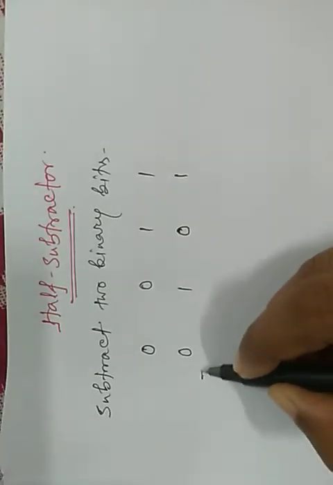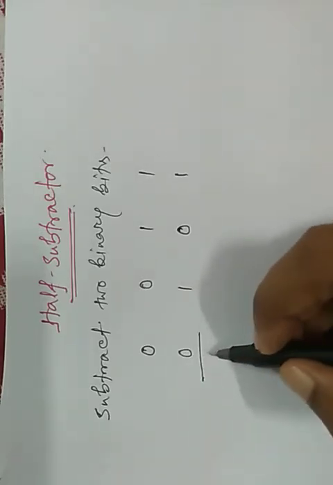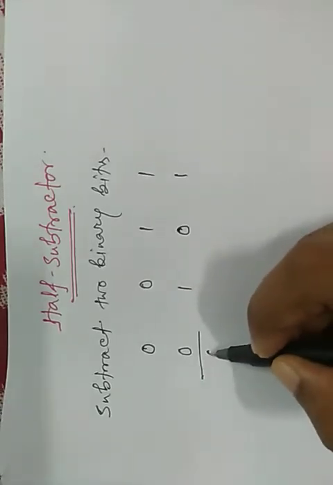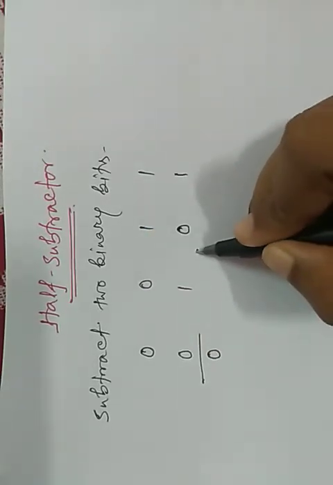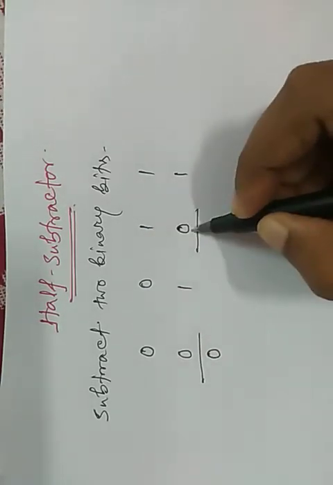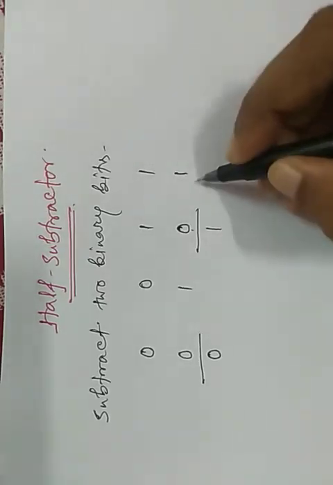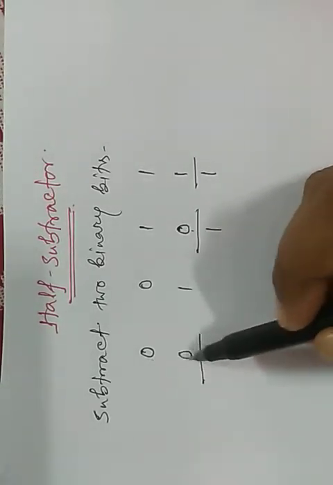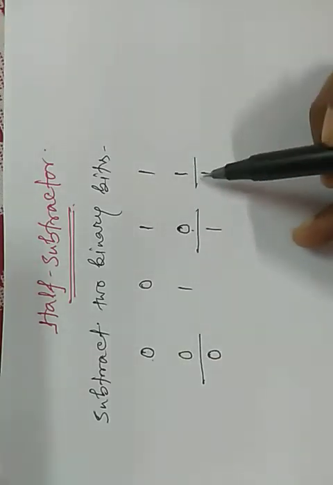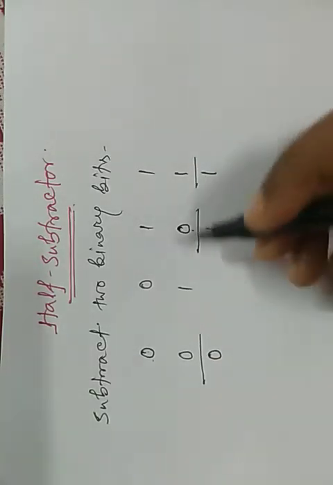So 0 minus 0 is 0, 1 minus 0 is 1, and 1 minus 1 is 0. Whenever we subtract these numbers 0 0, 1 0, 1 1, it can easily be subtracted.